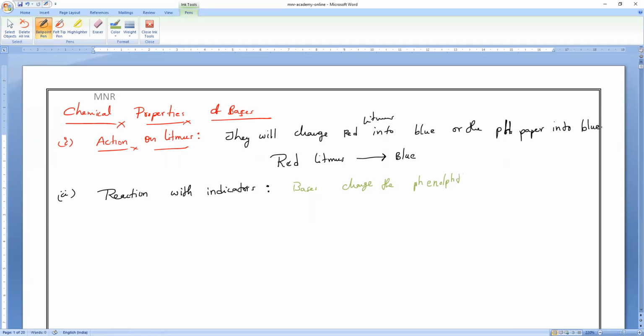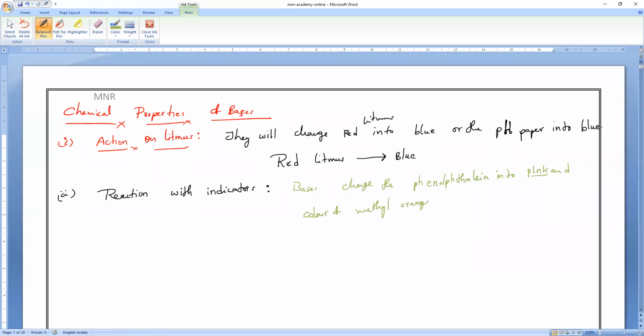Phenolphthalein into pink color, and the color of methyl orange turns into yellow.